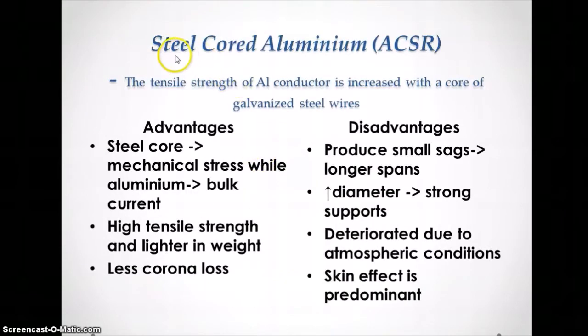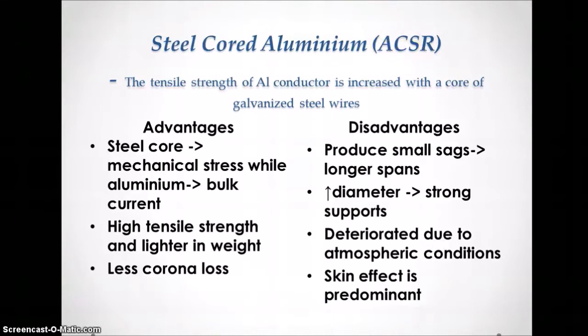Practically, we are using steel core aluminum, that is ACSR, aluminum conductor steel reinforced. Copper is a good conductor, we know very well, but it is not available in plenty. Aluminum is available in plenty, but it has less mechanical strength.